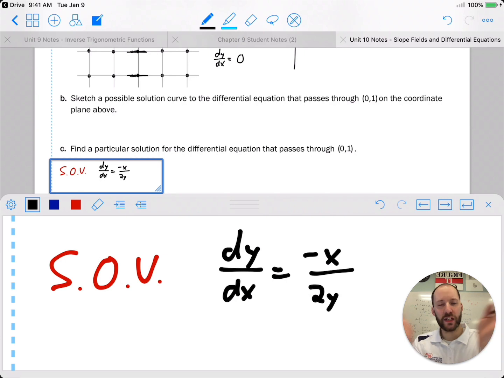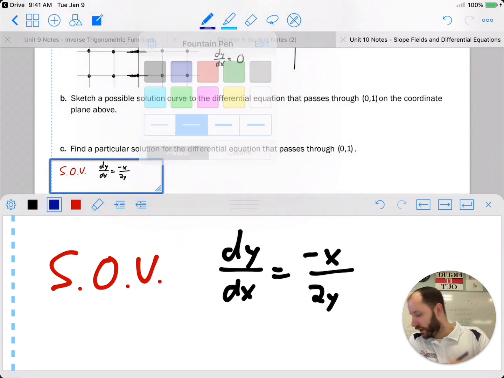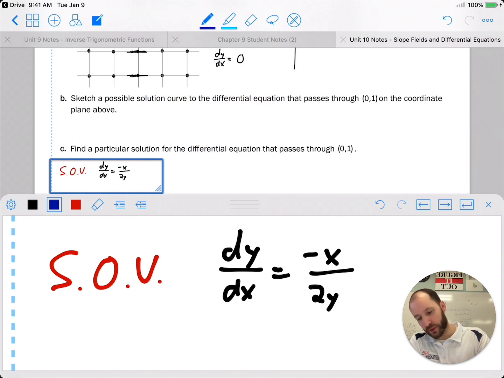So we need to get those back together. So do a little cross multiplication. Multiply both sides by dx. Multiply both sides by 2y.